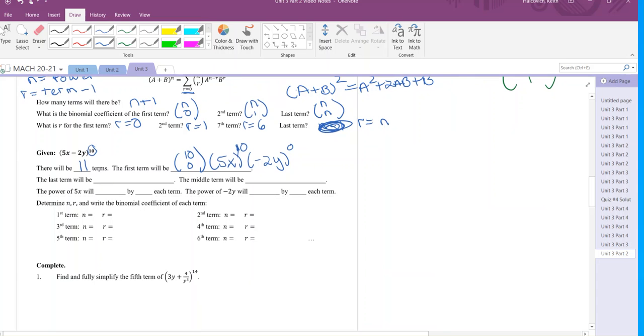The last term will be 10 choose 10, and then it's going to be 5x to the 0, negative 2y to the 10th. So notice the exponents just flip around.